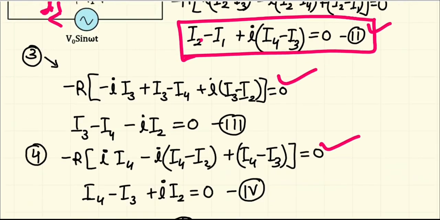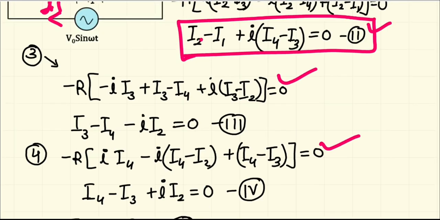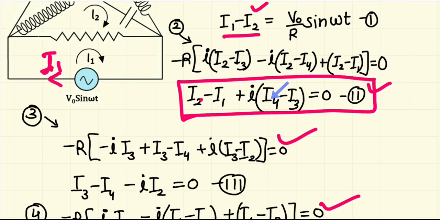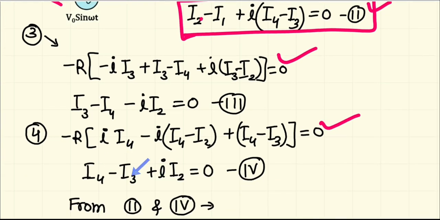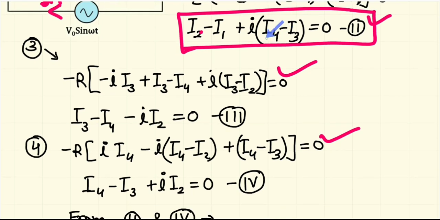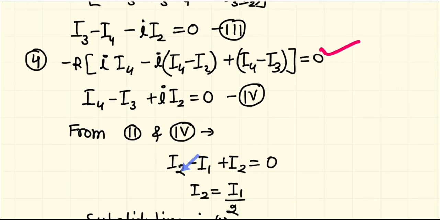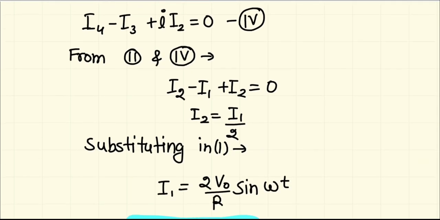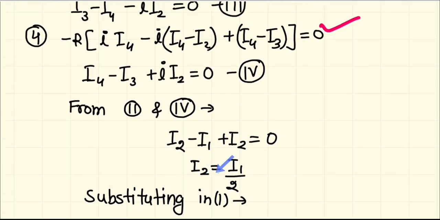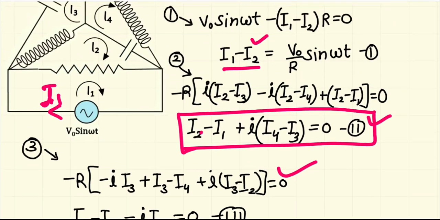Now if I see the second and fourth equation, if I put the value of I4 minus I3 from the second equation into the fourth equation, I'll get this part here, and from this I2 will be equal to I1 by 2, and here our work is actually over.